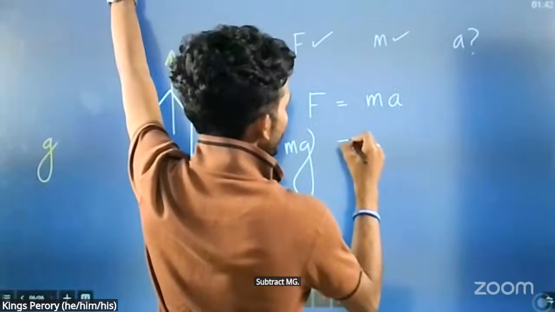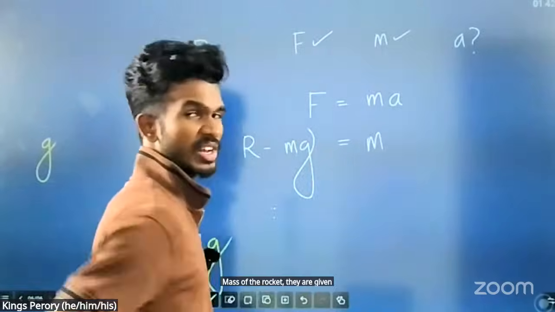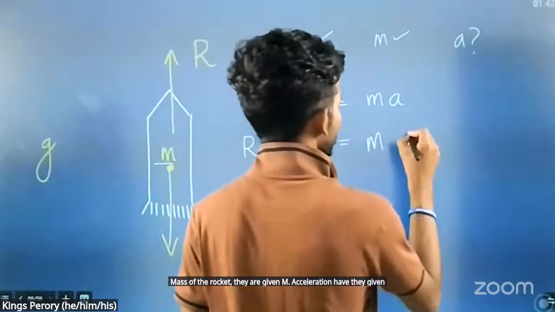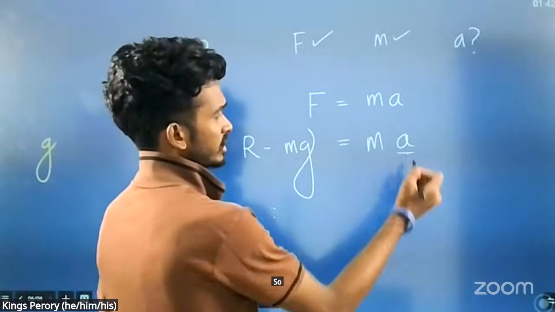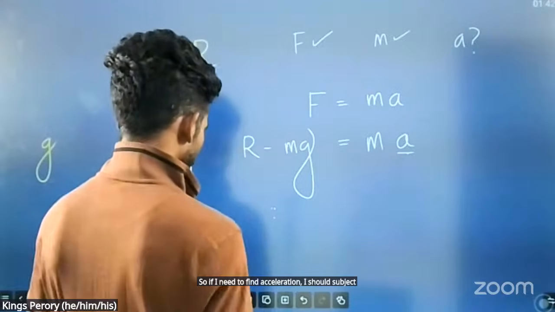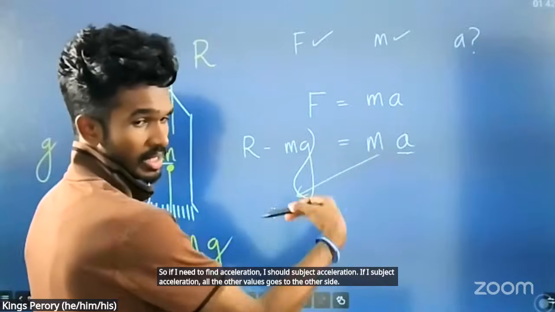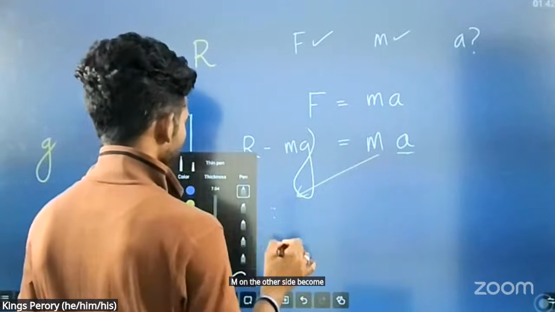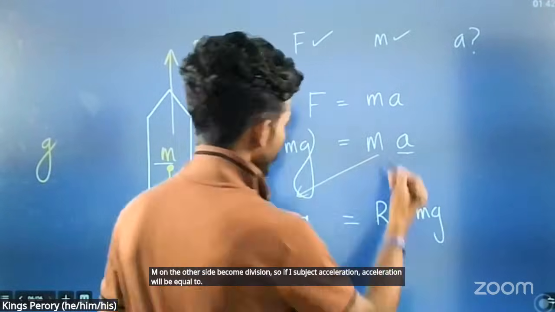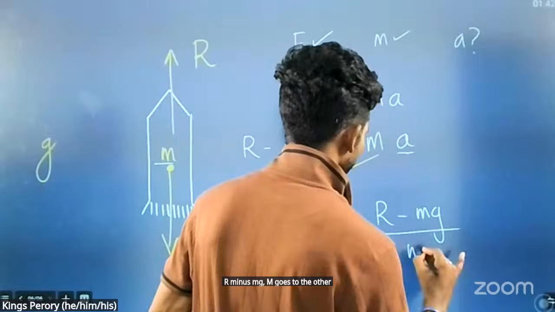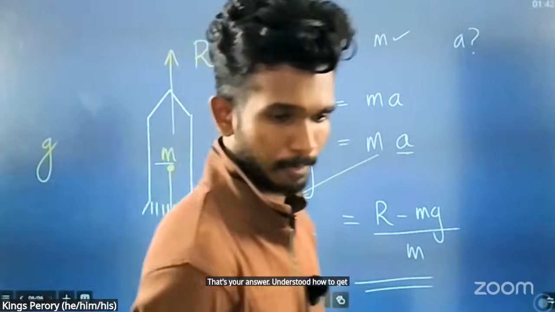That is going to be equal to mass of the rocket times acceleration. Acceleration we don't know, that is what we need to find. So if I subject acceleration, all the other values go to the other side. M on the other side becomes division. So acceleration will be equal to R minus mg, divided by m. That's your answer. Understood how to get this?